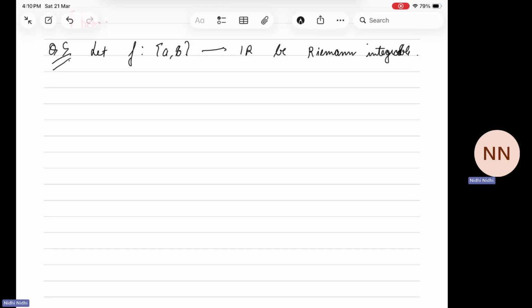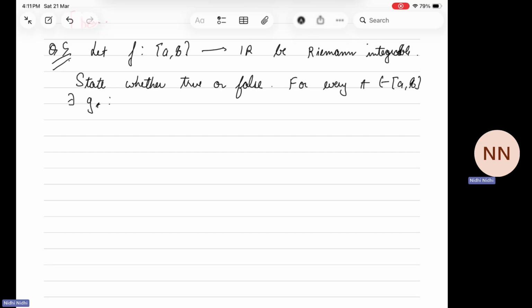State whether true or false: for every t in the closed interval [a,b], there exists a function g_t defined from [a,b] to R.